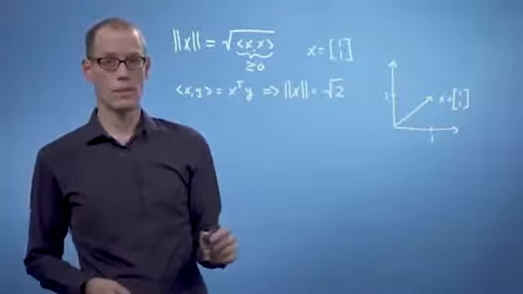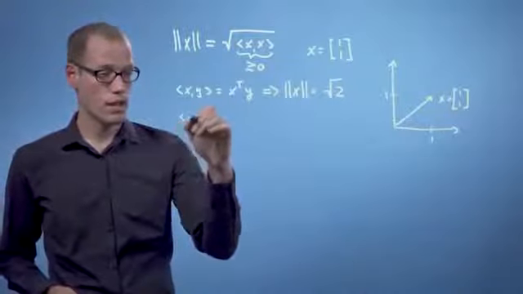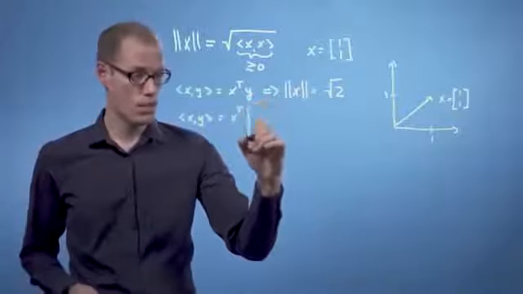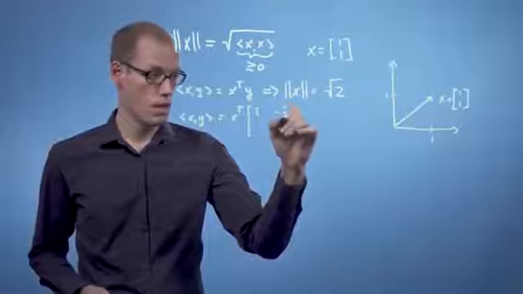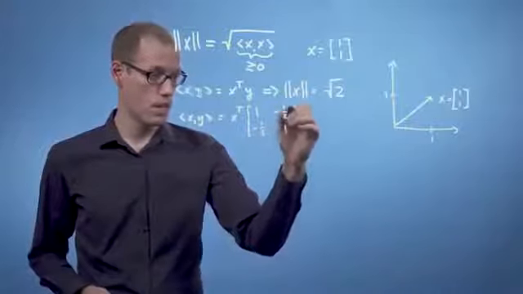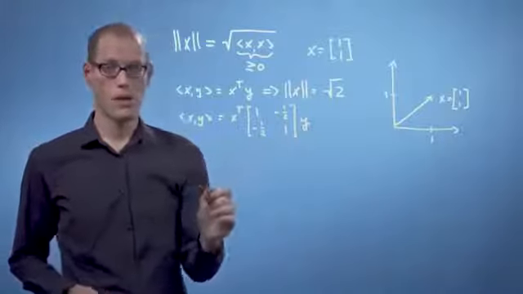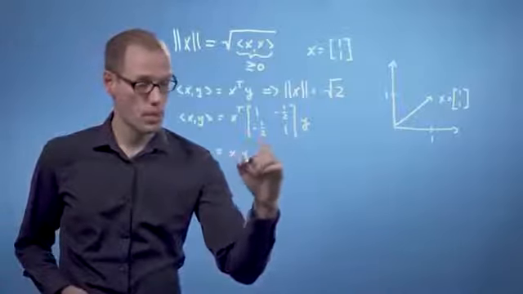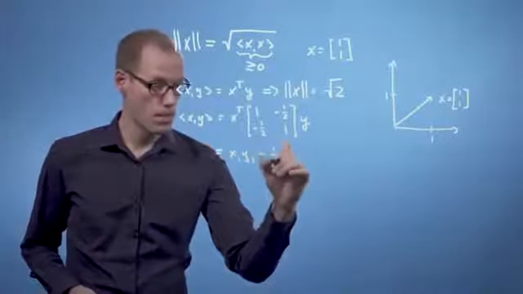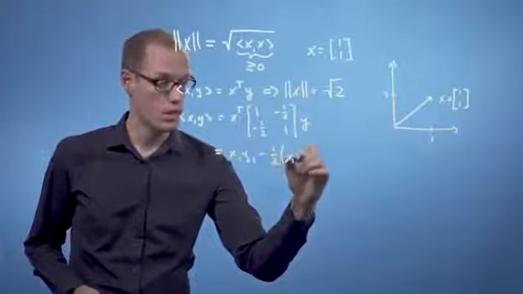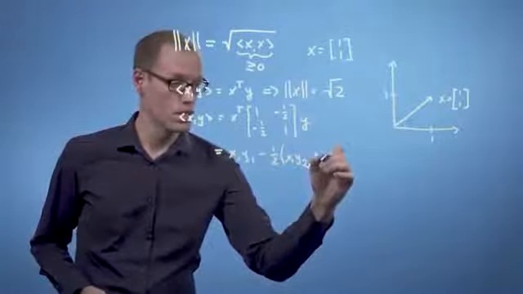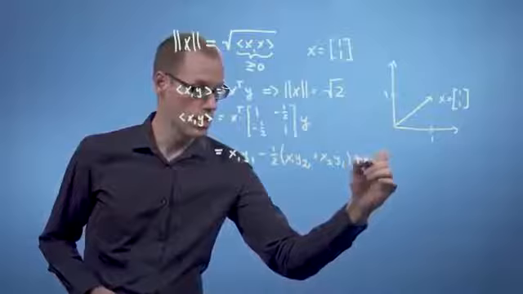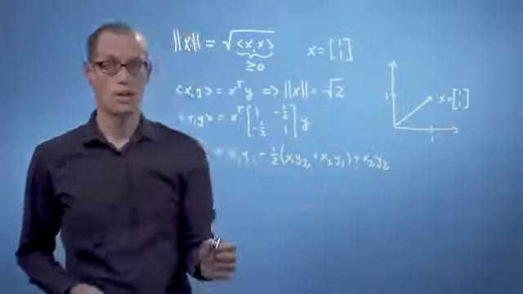Now let's have a look at a different inner product. Let's define the inner product of x and y to be x transpose times the matrix 1, minus a half, minus a half, 1, times y, which we can also write as x1 y1 minus a half x1 y2 plus x2 y1 plus x2 y2.